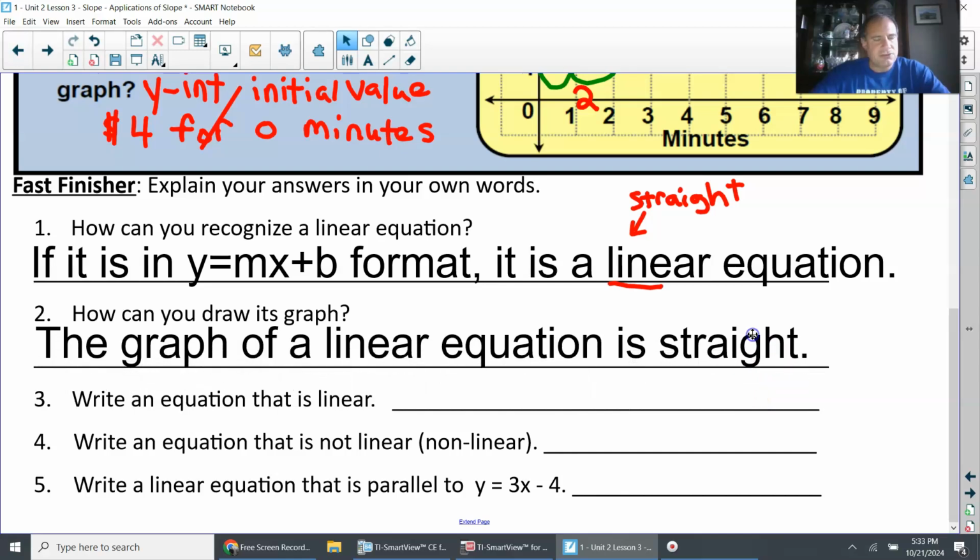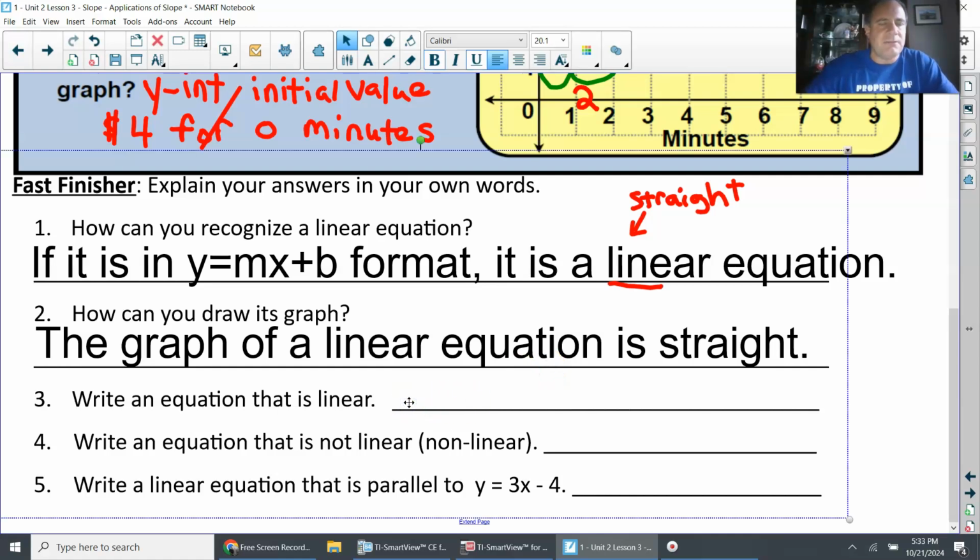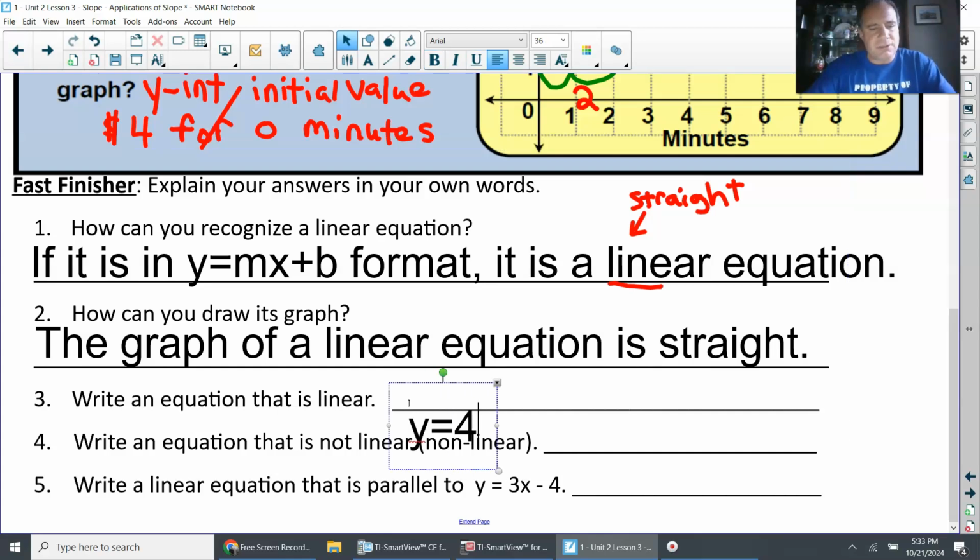If the line is straight, it's linear. Right? Write an equation that is linear. Anything in y equals mx plus b is linear. So you could say y equals 4x plus 10, or y equals negative 3x minus 12.